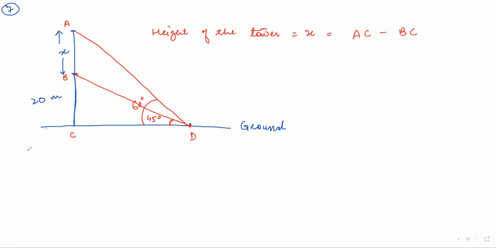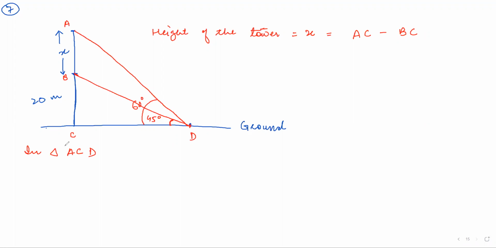All right, so I take this triangle. In triangle ACD, the bigger triangle, my angle is 60 degrees. I think I should start with the BCD triangle because I know the perpendicular, I know the angle, so I can find the base.